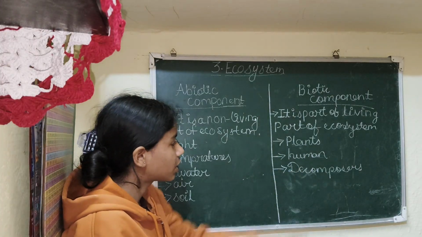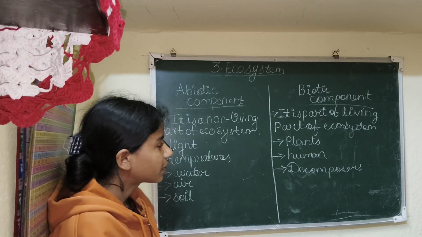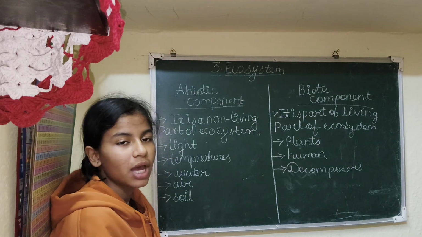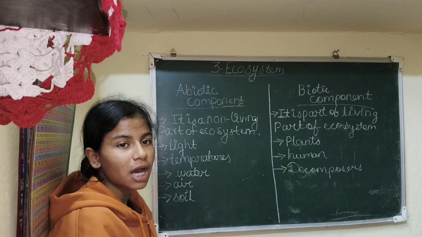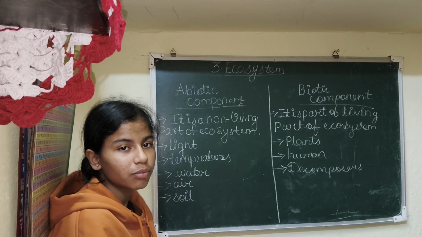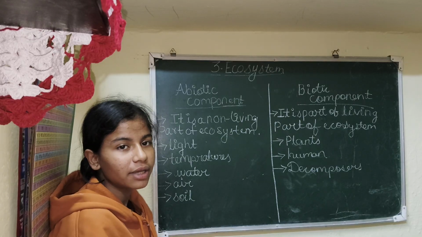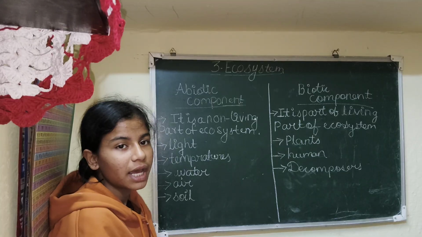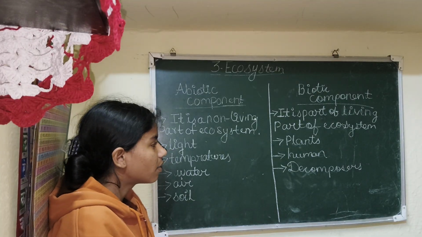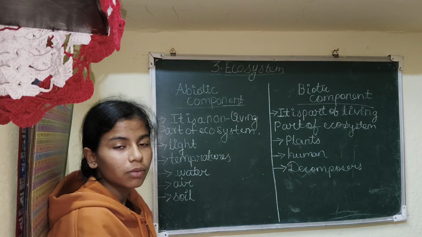Then humans. How do humans help in the ecosystem? In daily life we produce much carbon dioxide and many biodegradable and non-degradable objects. This makes the soil fertile also.